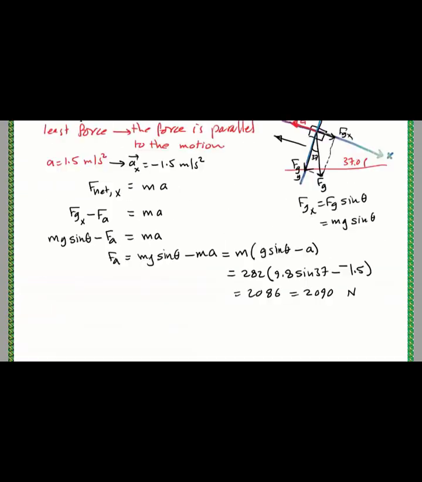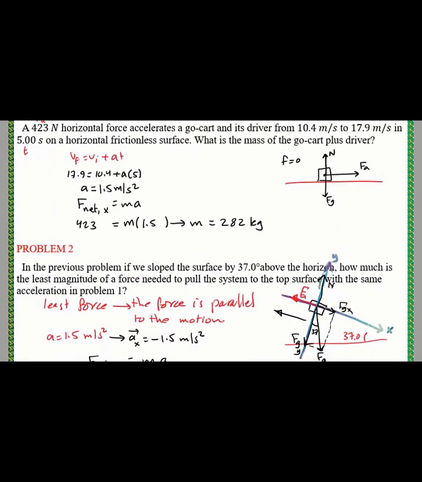For the first one we have a horizontal surface, and for the second we have an inclined surface. Now first, for the horizontal surface, this is the surface and this is our object.